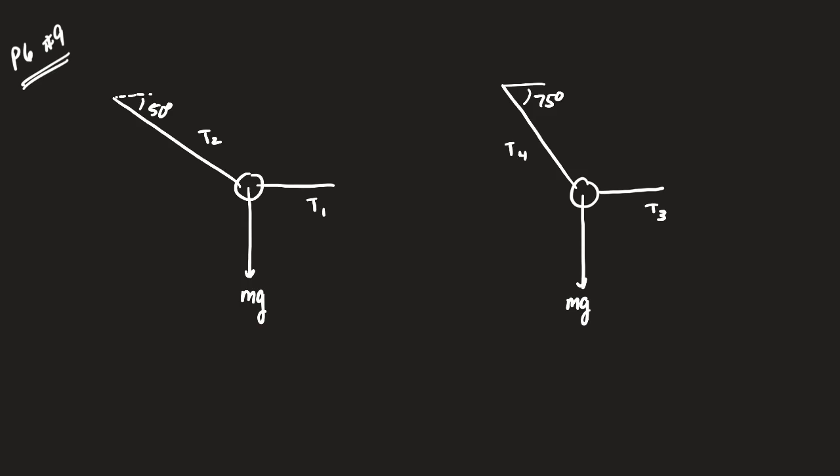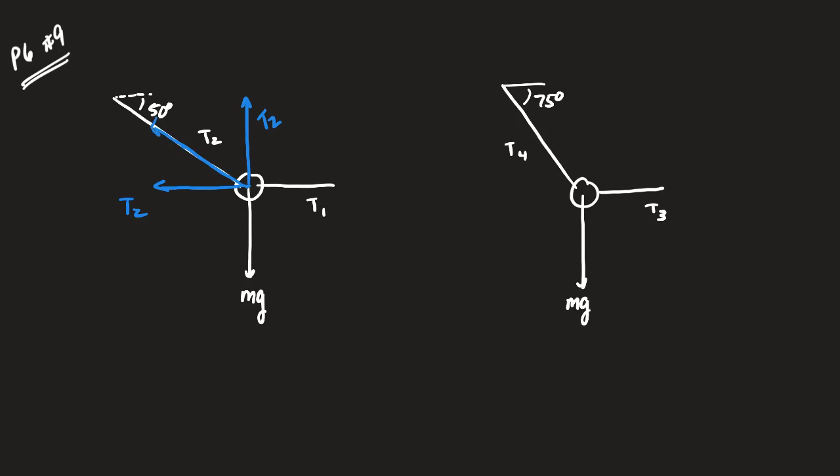T3 and T1 are both pulling to the right and can't lift the object. So just the math of this suggests that there is a component of T2 that is upwards and a component of T2 to the right. And T2 actually pulls along that line.